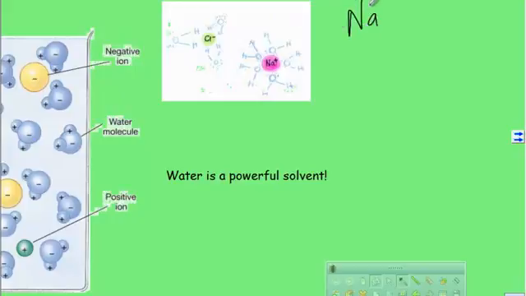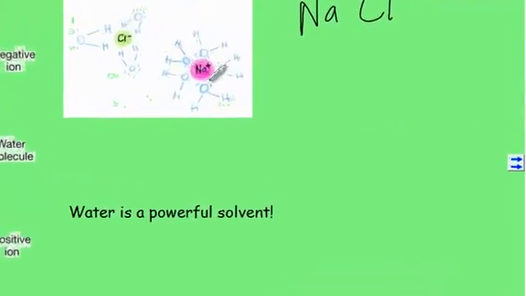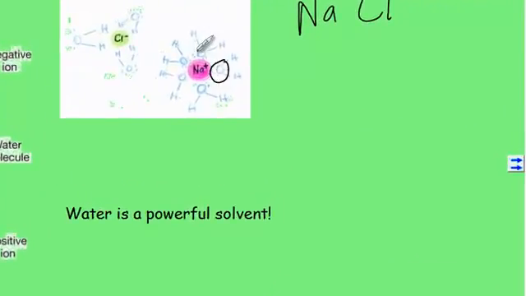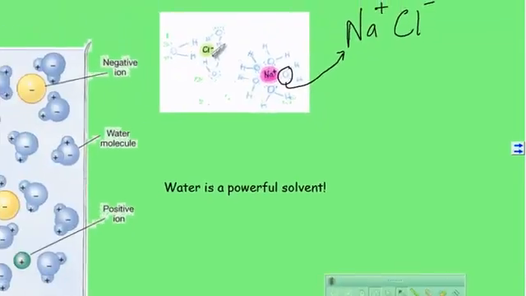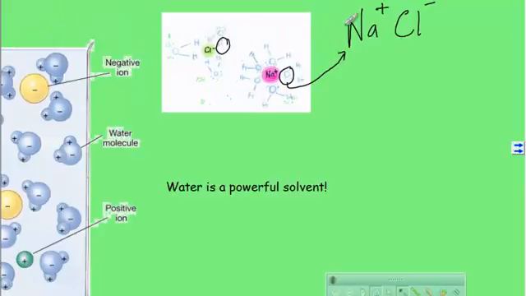Salt is a crystal formed from a sodium ion and a chlorine ion, right? So when I put them in water, the negative end of the water, the electronegative oxygen end, the delta negative end, is attracted to the sodium, and the delta positive end, the more positive end of the water, closer to the hydrogen, is attracted to the chlorine.